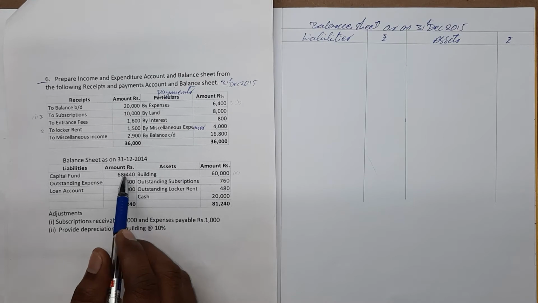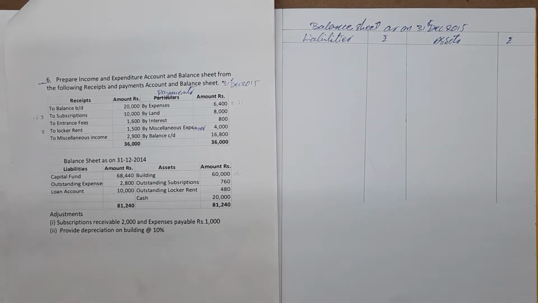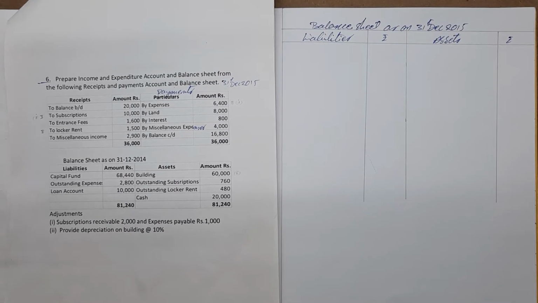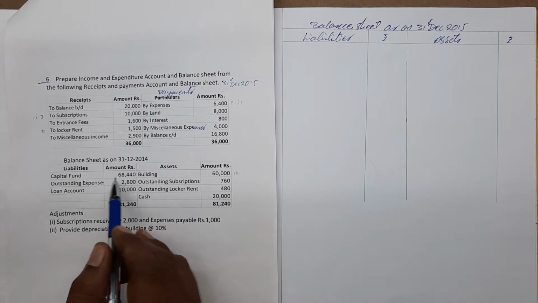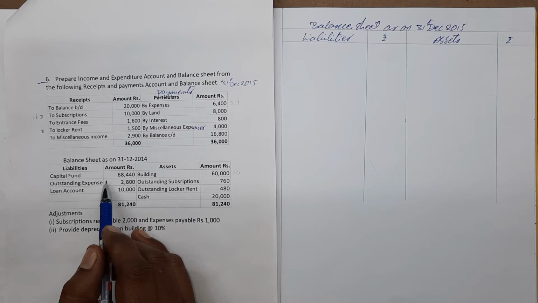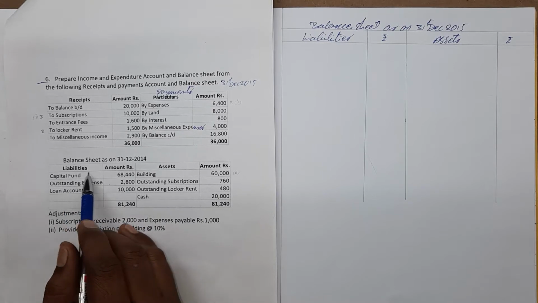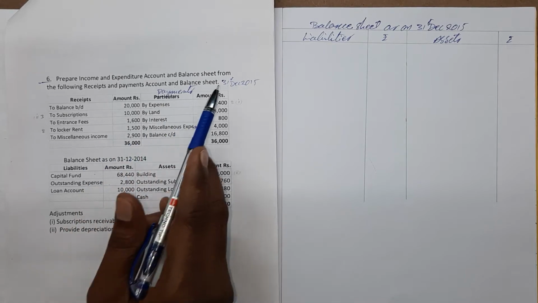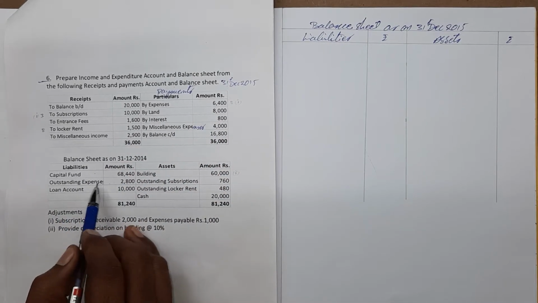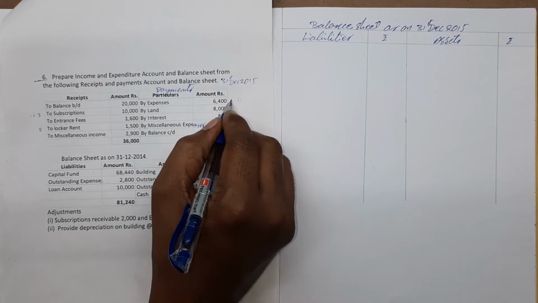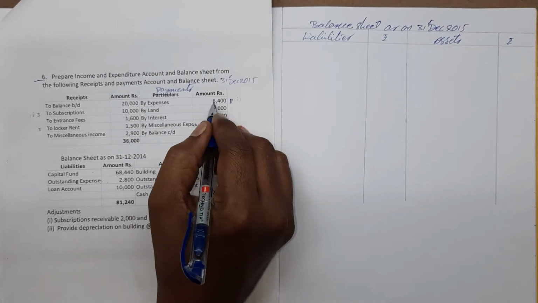But the balance sheet is given for the year 2014, which means it is the opening balance sheet. This opening balance sheet is already given, and some outstanding expenses. First, capital fund, the opening capital fund for the current year 31st December 2015, and outstanding expenses, this is an adjustment.